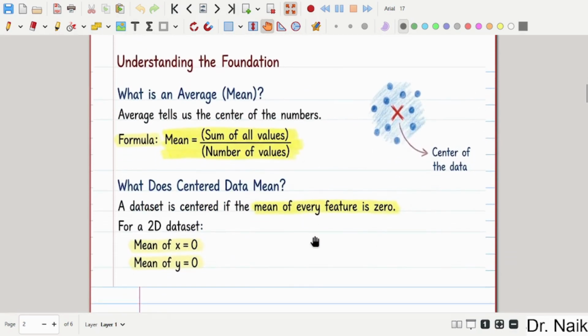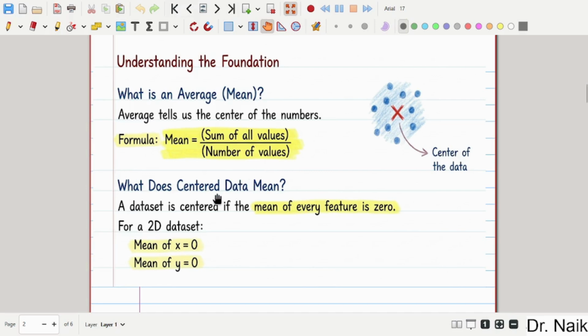Now understand the foundation. What do you mean by the average or mean? The average tells the center of the numbers, and the formula for the mean is the sum of all values divided by the number of values.